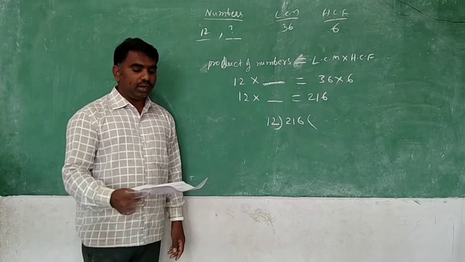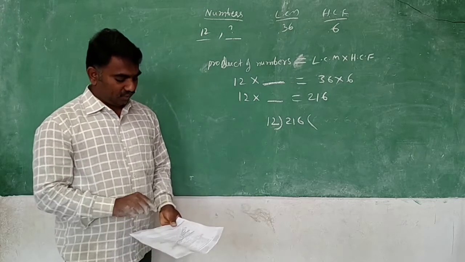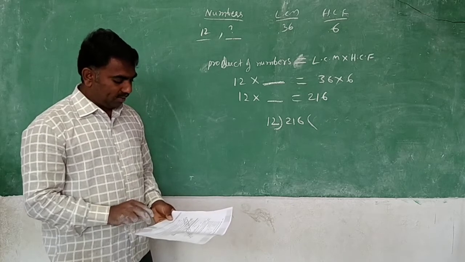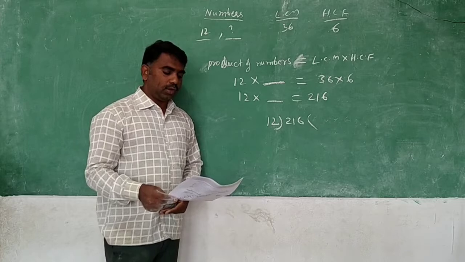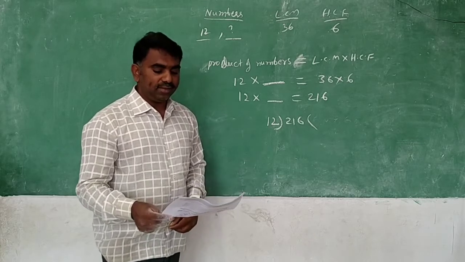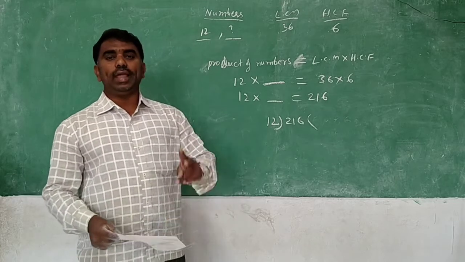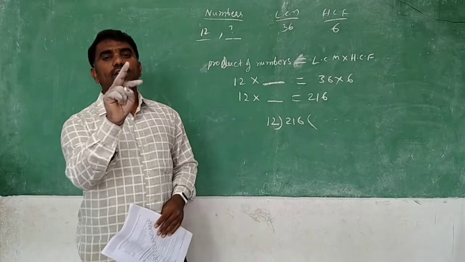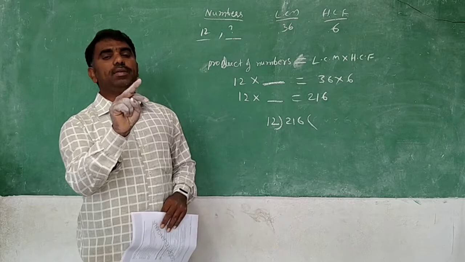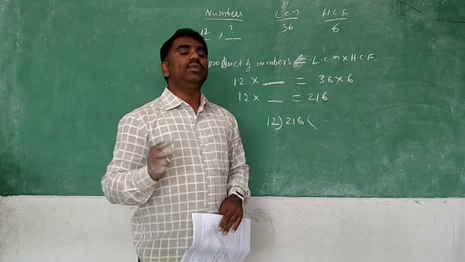Okay, so use the relation and find these answers which are on page number 42, that is 3.6. Also in Think, Discuss and Write, you need to find the LCM and HCF of twin primes. You know what twin primes are called. If the difference between two prime numbers is 2, they are called twin primes.